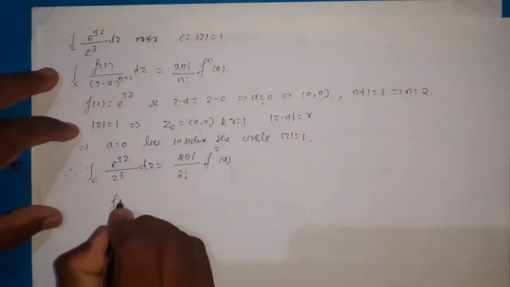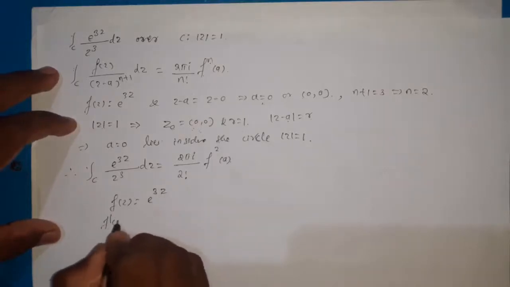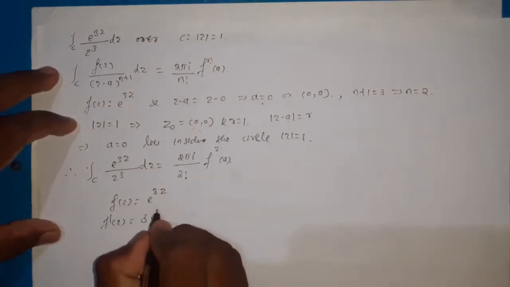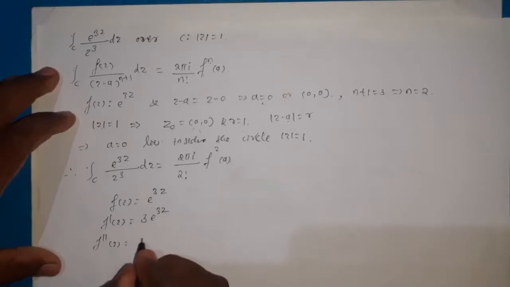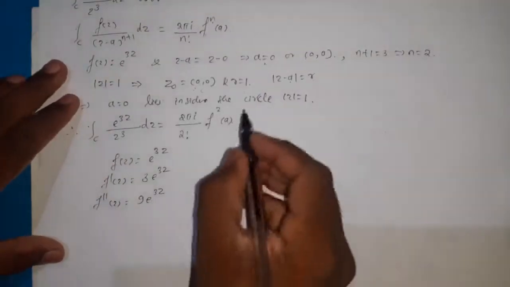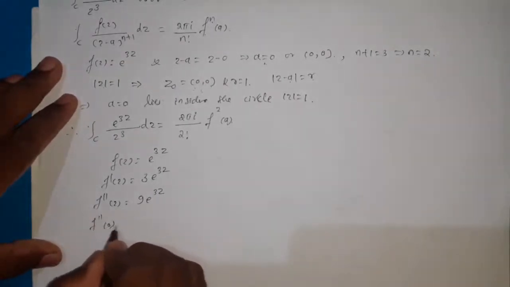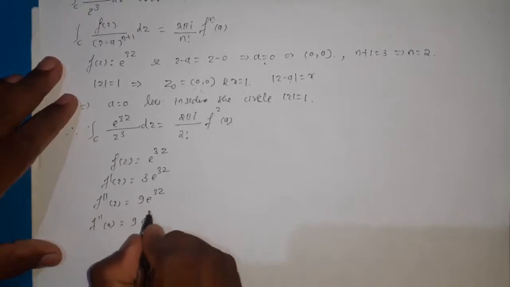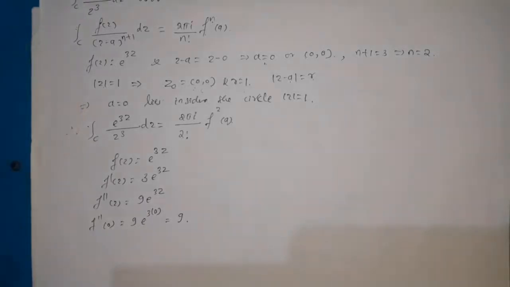Here f of z equal to e power 3z, then f dash of z equal to 3 into e power 3z, and f double dash of z equal to 3 into 3, that becomes 9 into e power 3z. Here a is equal to 0, so f double dash of 0 equal to 9 into e power 3 into 0, which is equal to 9.